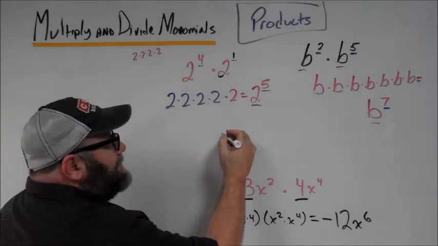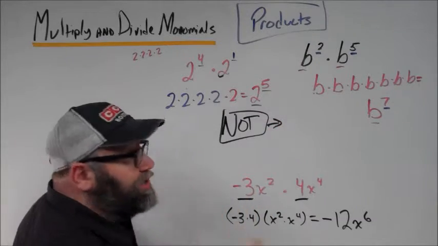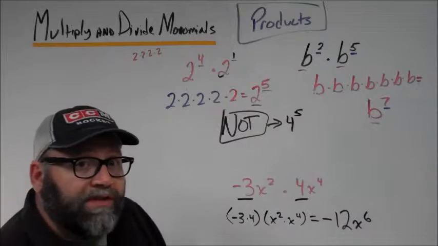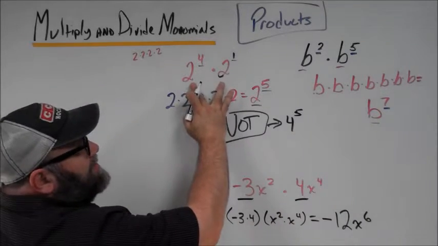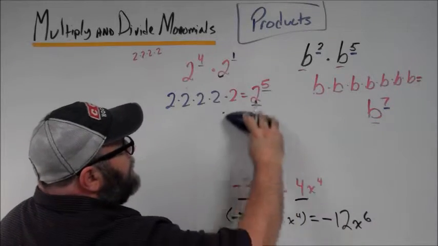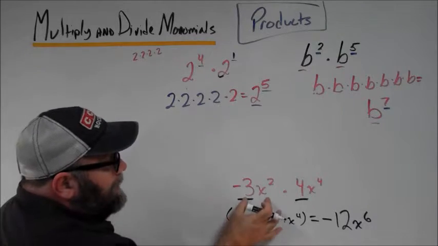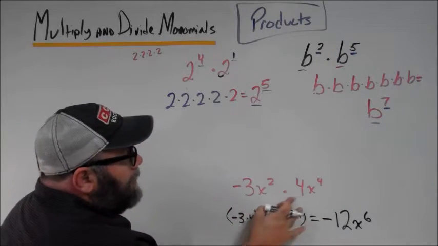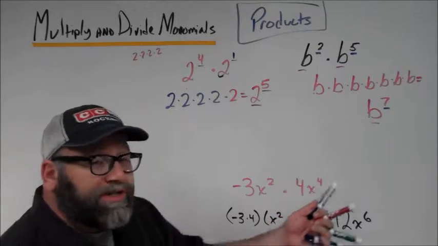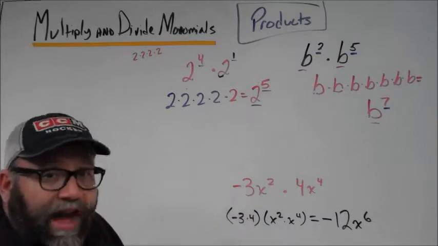This does not turn into 4 to the 5th. No, it doesn't do that. These bases just stay the same. The difference down here is we can rewrite this multiplication, because that's what's happening in this monomial. This is multiplication, negative 3 times x to the second, 4 times x to the fourth. We can just rewrite that multiplication so that it sits like that.